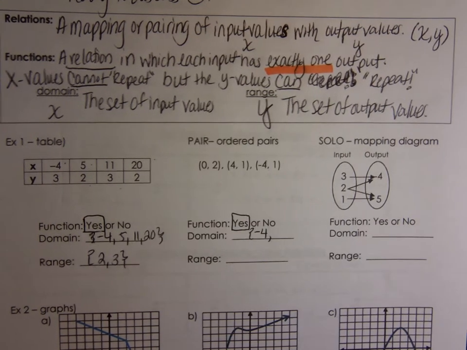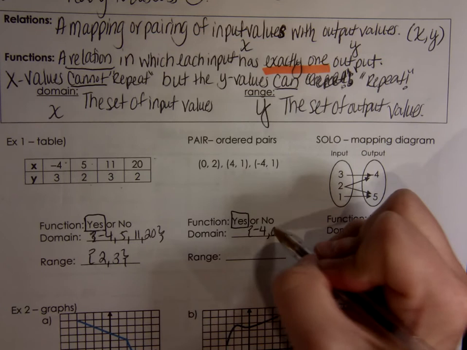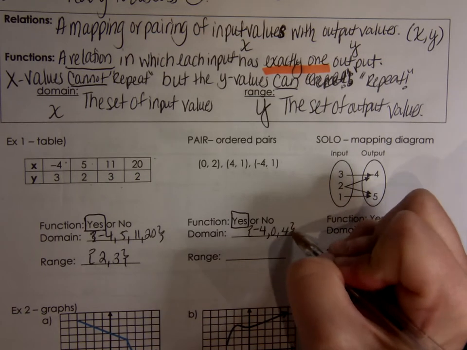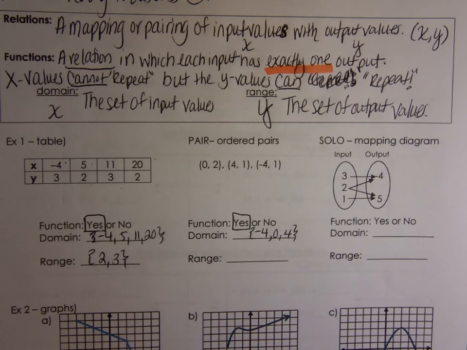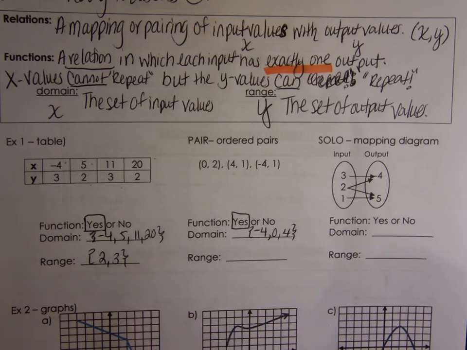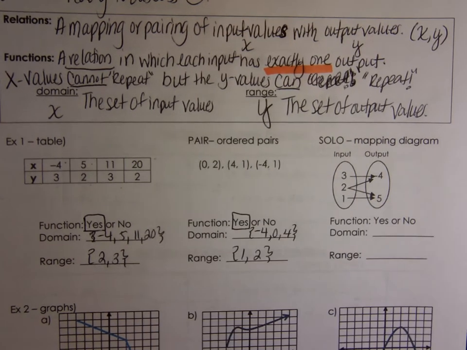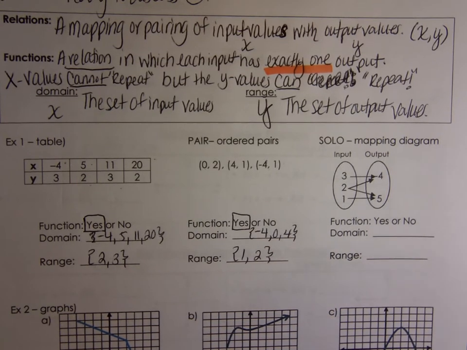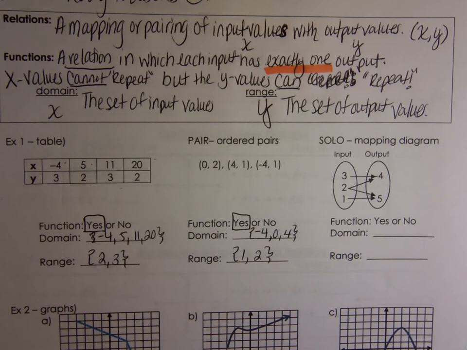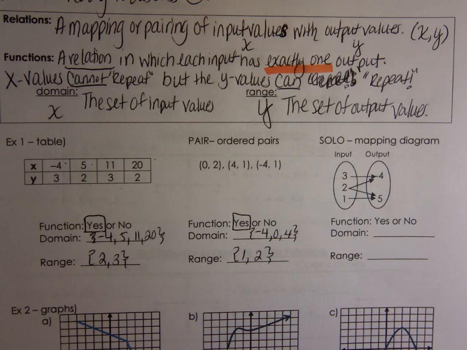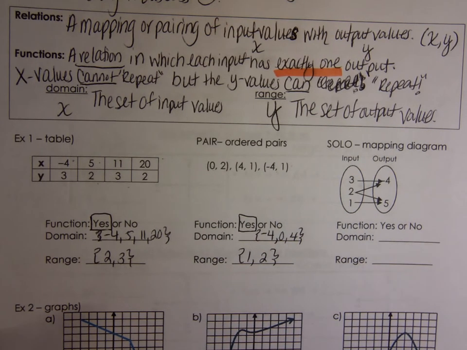We have -4, then 0, then 4, and I'm going to close it with a squiggle. Our range in this case, we have 2 and 1, so I will write that as 1, 2 with squiggles. Now, these squiggles do not represent ordered pairs. They represent a set of values that belong to a specific title, in this case, domain and range.